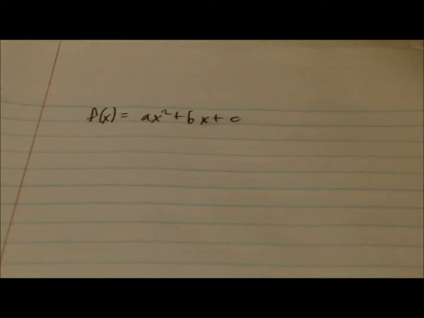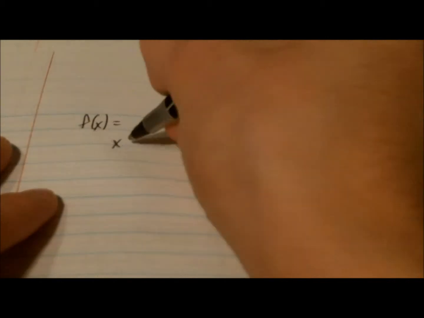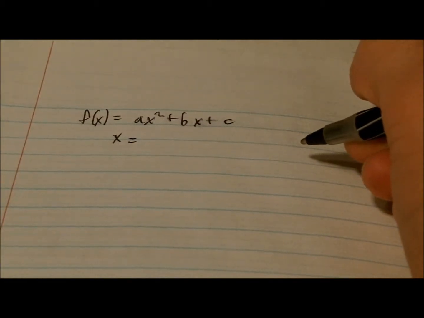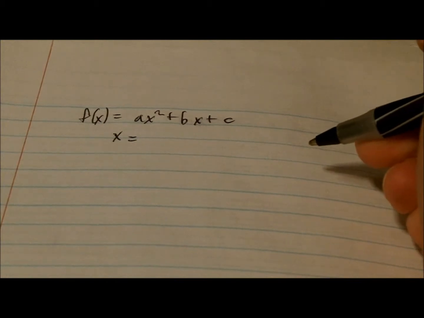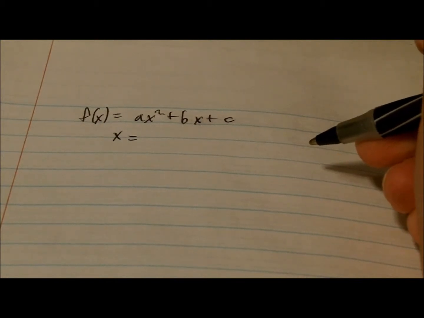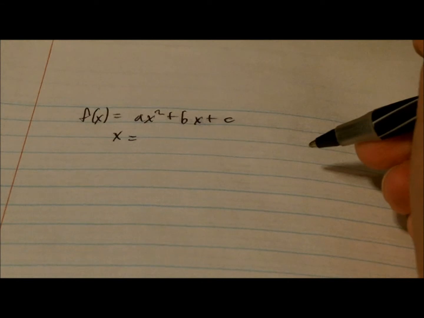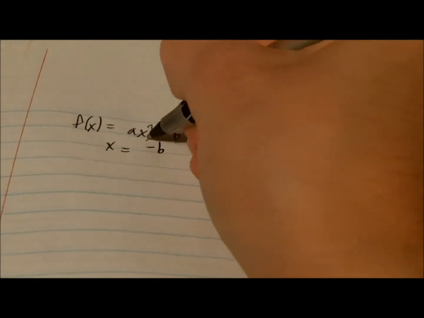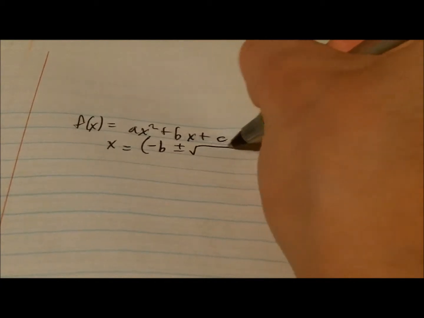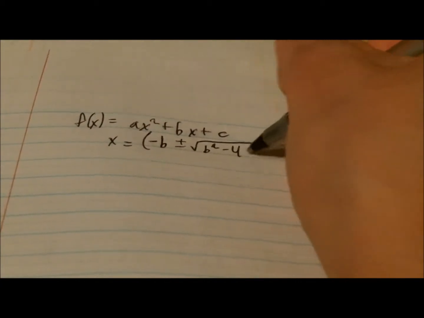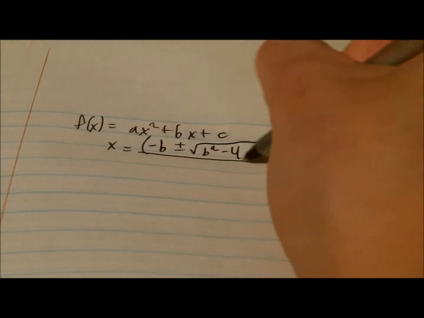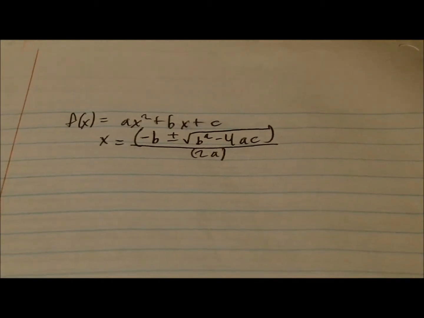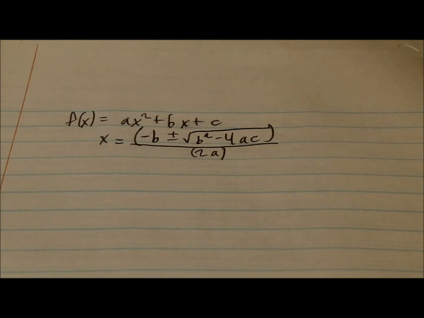We have a quadratic equation right here, and we know that for a 2-degree polynomial, and this only works for a quadratic function, we have the quadratic formula to help us solve this. So it's the quantity negative b plus or minus the square root of b squared minus 4ac, all over 2a. And I'm sure you all remember this.